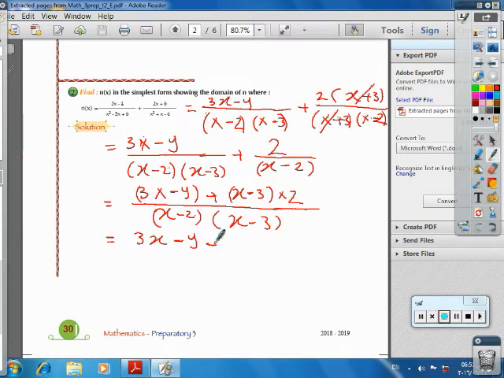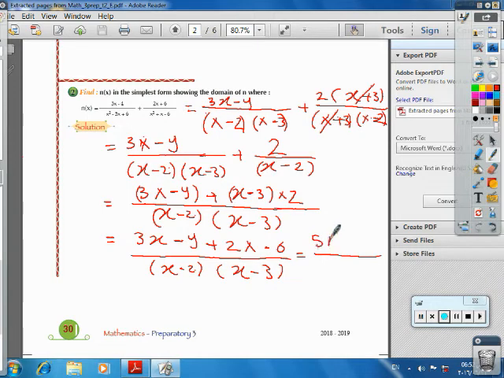Then 3x − 4 plus 2x − 6. We can collect them all over (x − 2)(x − 3). To collect the numerator, 3x plus 2x equals 5x and negative 10.